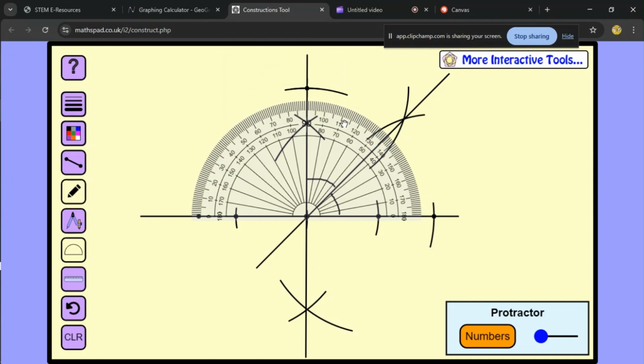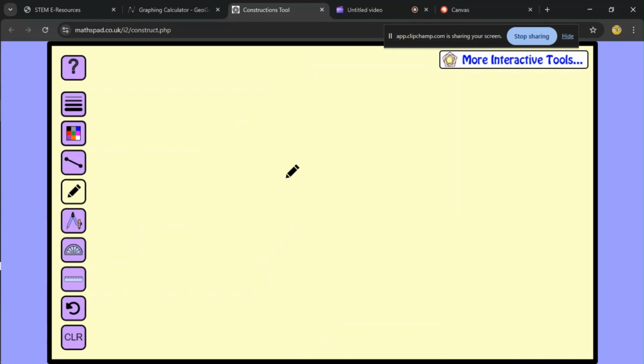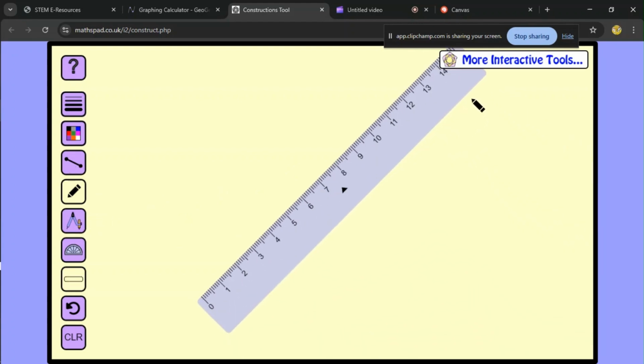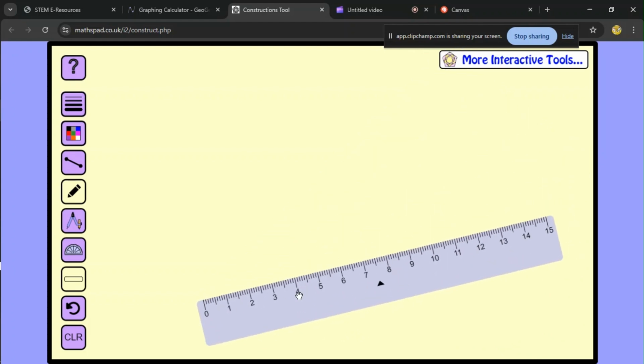my construction, let me clear this work so that we start again. I'll begin by putting a straight line. I put a straight line somewhere here.